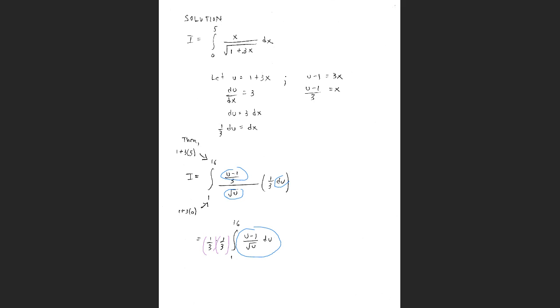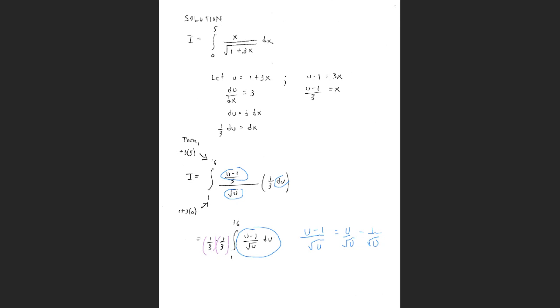But now we have to think, how can I simplify (u minus 1) over the square root of u? One thing I can certainly say is that (u minus 1) over the square root of u can be thought of as u over the square root of u minus 1 over the square root of u. That's certainly true.